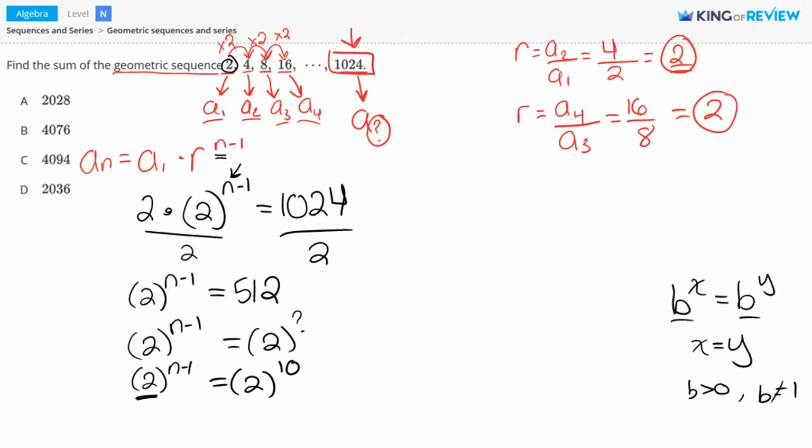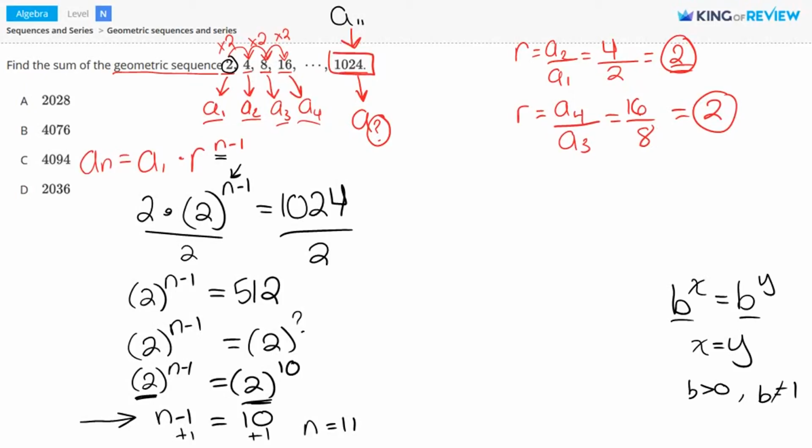Now we have the bases that are the same, so n minus 1 equals 10. What I've done is set the exponents equal to one another in this step. Now we solve for n. I'll add 1 on both sides, and I get n is equal to 11. So this means that A11, or the 11th term, equals 1024. So we know that there are 11 terms in this sequence.